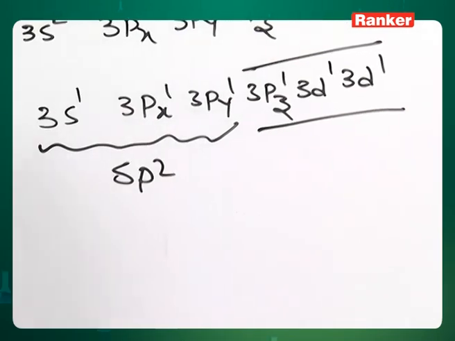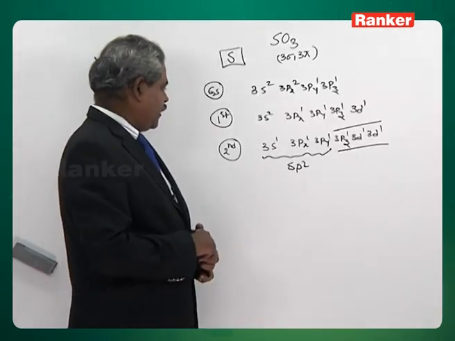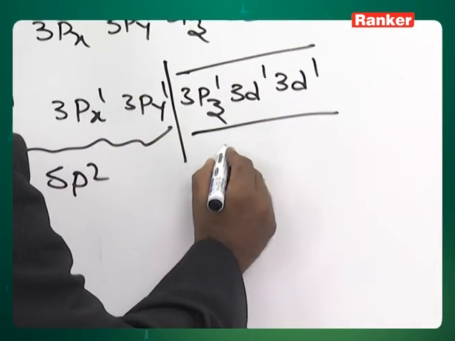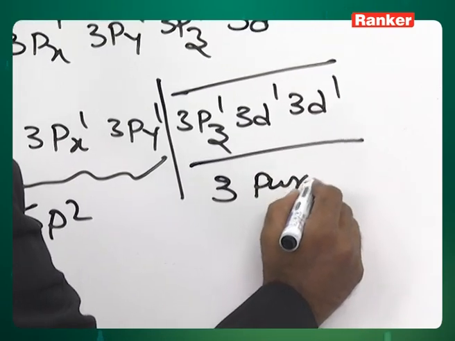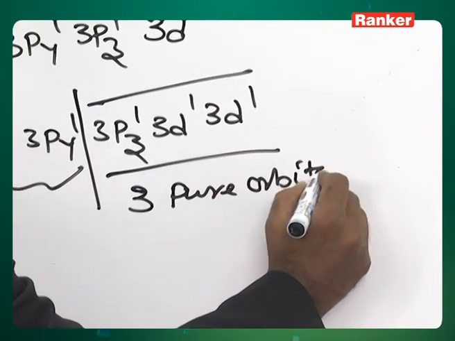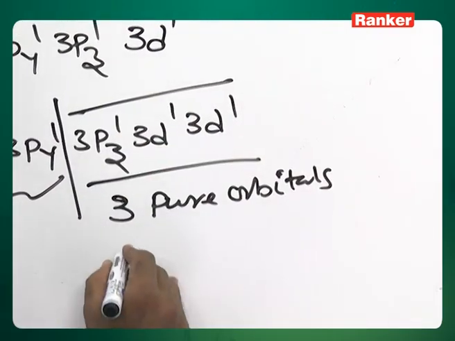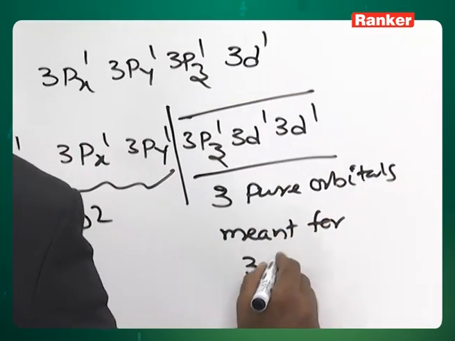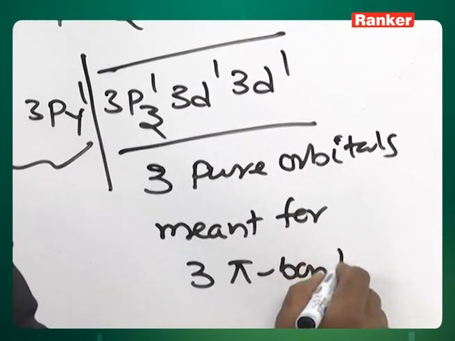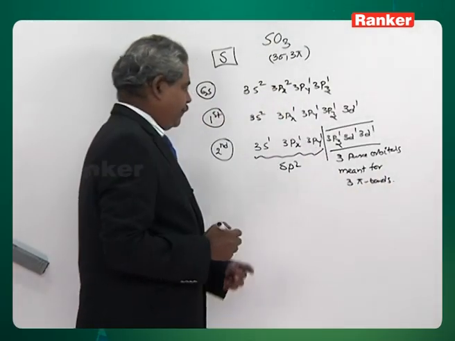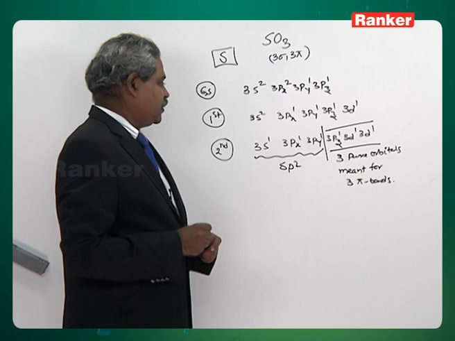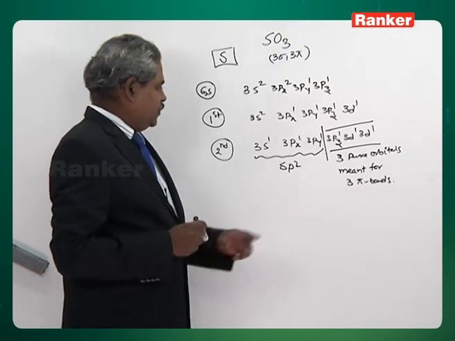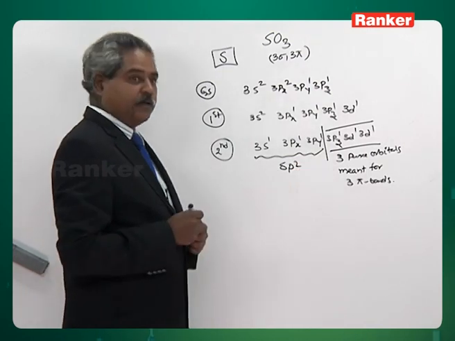You have sp2 hybridization, and 3 pure orbitals meant for 3 pi bonds: 3pz1, 3d1, 3d1.